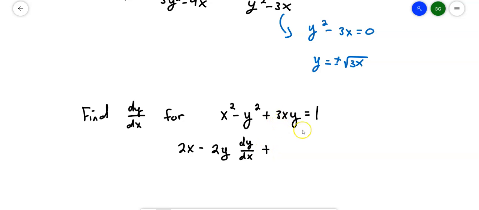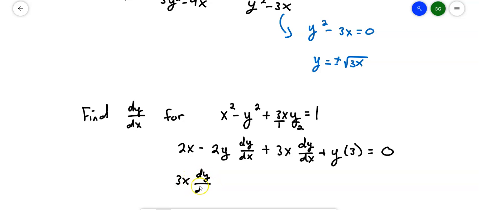Here, we're going to have to use product rule. So there's function 1, there's function 2. So it's going to be 1 d2. I don't know the derivative of 2, so I'm just going to use dy/dx. 1 d2 plus 2 d1. And then the derivative of 1 goes to 0. Our next step is to group terms with dy/dx on one side and send everything without a dy/dx to the other side.